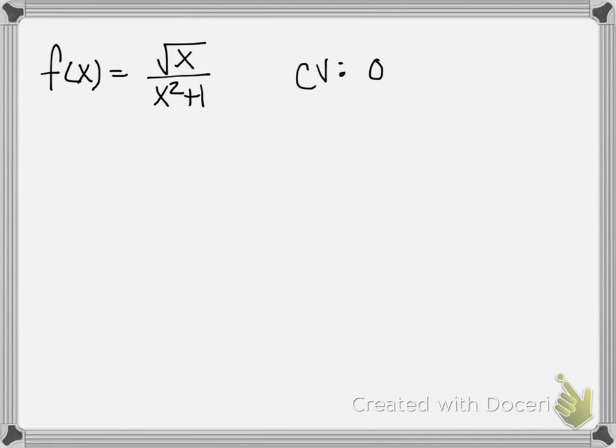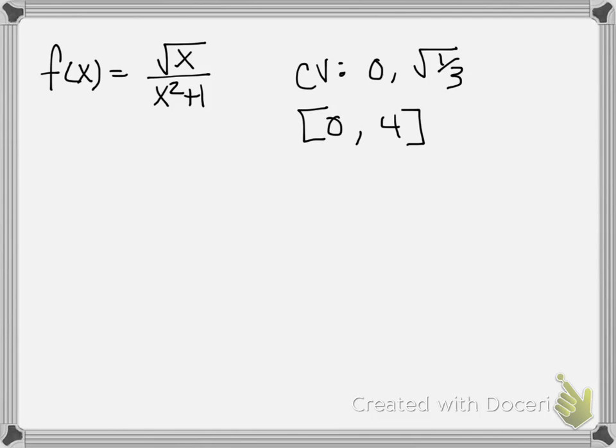So to keep it easy, we put our initial function back up here, f of x, because we're going to be plugging our values into this equation, the square root of x over x squared plus 1. And our critical values were 0 and the square root of 1/3. And the interval that we're looking for is 0 to 4.